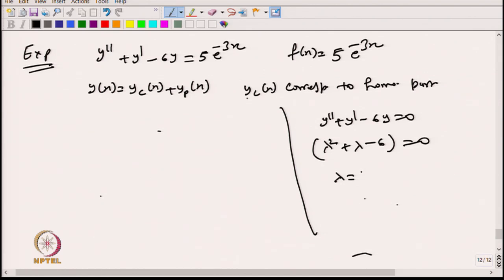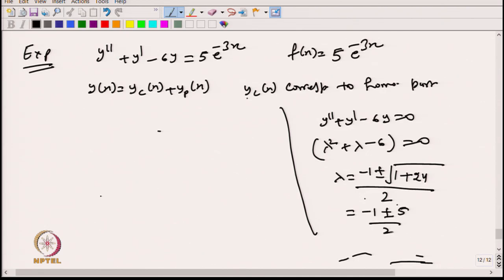So, from here I will get minus 1 plus minus square root of b square minus 4ac, that is 1 minus 4ac, so it is 25, by 2a. So, this is 2a, and from here minus 1 plus minus 5 by 2.